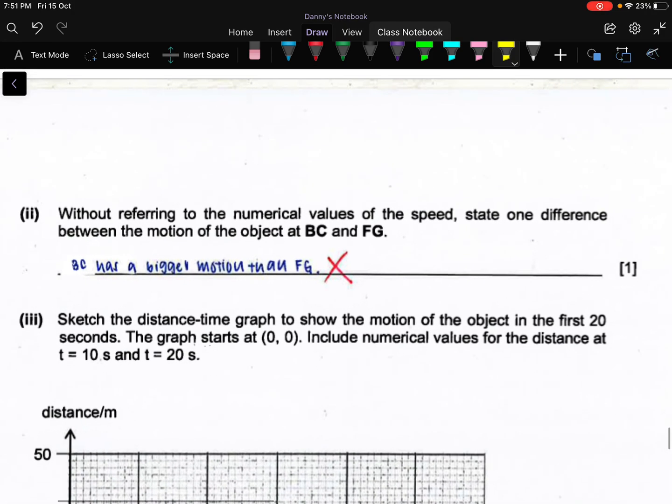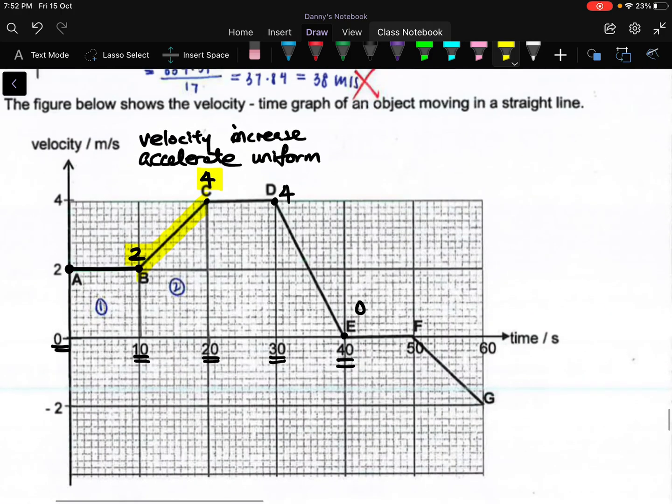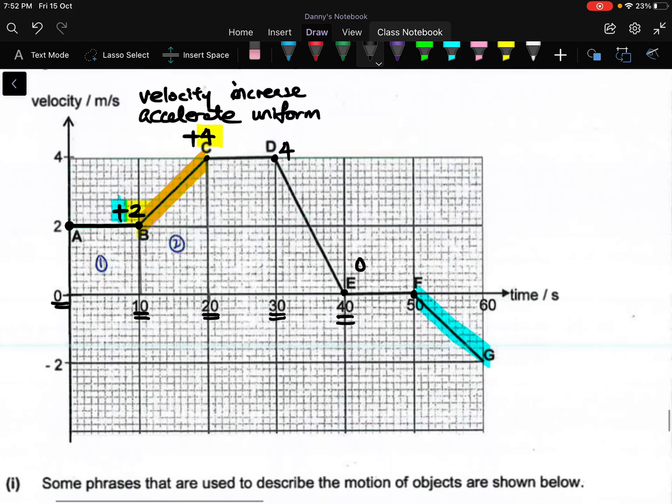Okay, for part 2, without referring to the thing, state one difference between the motion of BC and FG. So let's see what is BC and FG. BC, the orange one. FG, the blue one. Well, here you can see that velocity is from plus 2 to plus 4. Here, minus 2, 0 to minus 2.